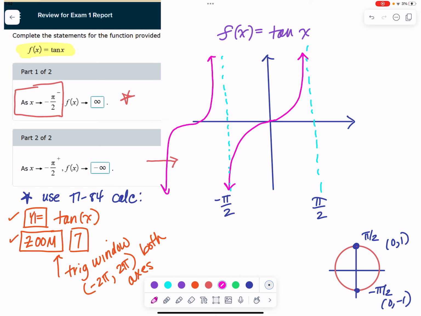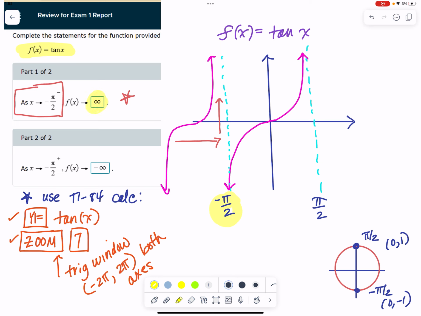What happens when we approach negative pi over 2 coming from the left side? What's our graph doing? It is going to positive infinity. Okay, so that is why we have this answer.